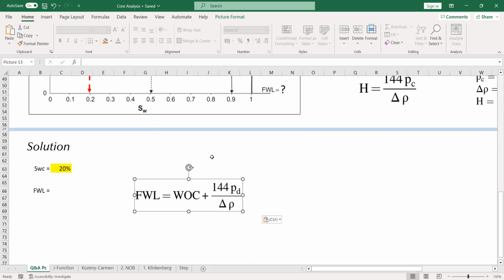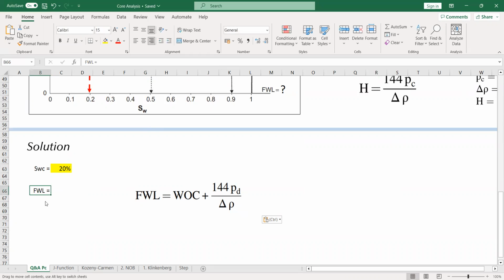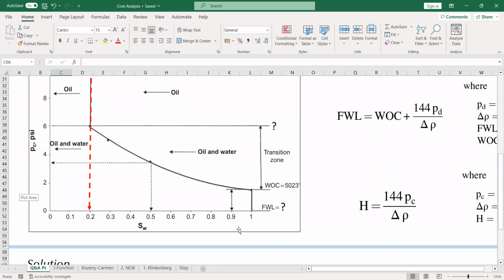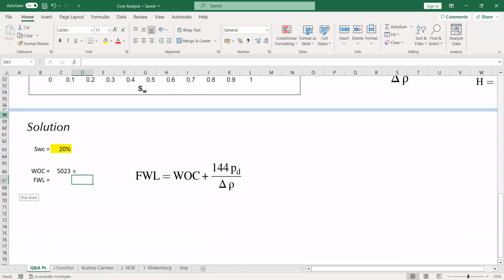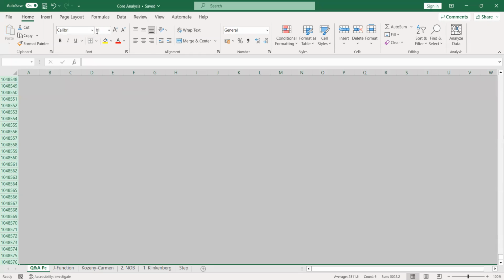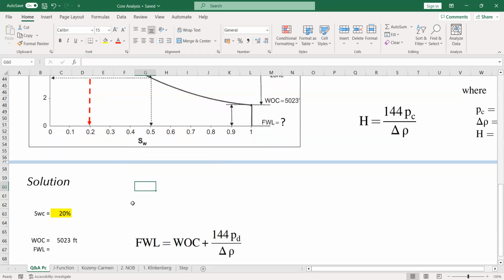And then, of course, we need the water oil contact. Okay, I'm going to use this. WOC is at 5,023 in feet. Okay, I'm going to use 15 for all of them.